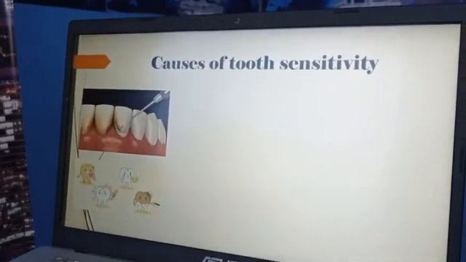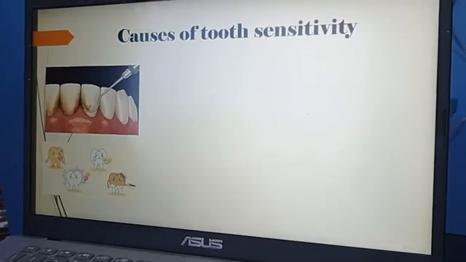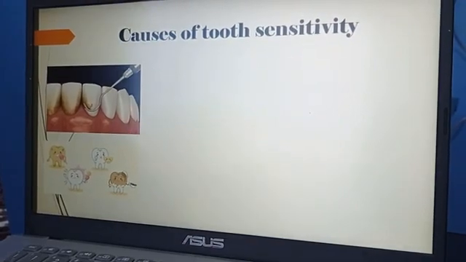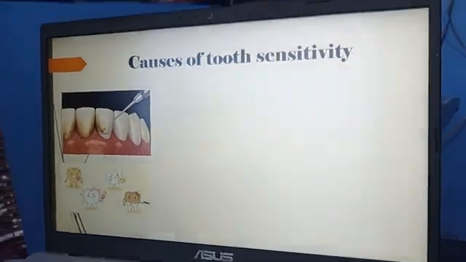Acid diets and drinks. Certain foods have low pH that contributes to dental erosion of enamel and cementum, such as citrus fruits, jams, wine, tea, or soft drinks.